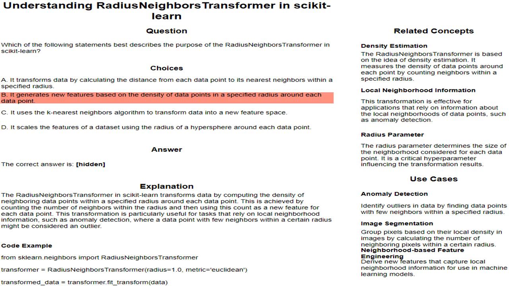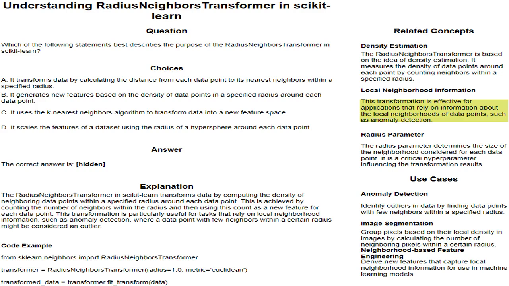B. It generates new features based on the density of data points in a specified radius around each data point. The radius neighbors transformer is based on the idea of density estimation. It measures the density of data points around each point by counting neighbors within a specified radius.